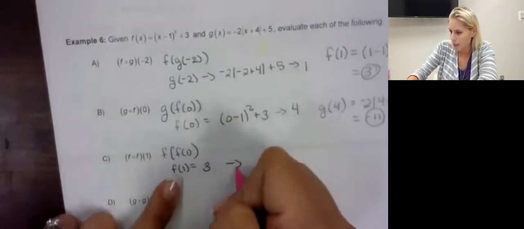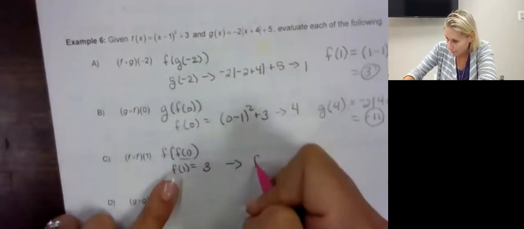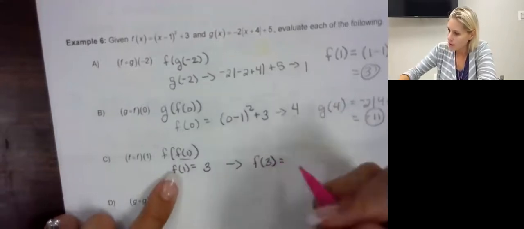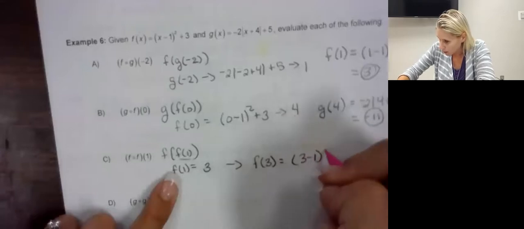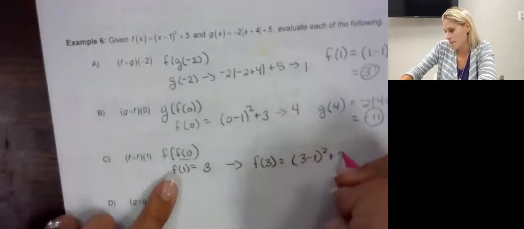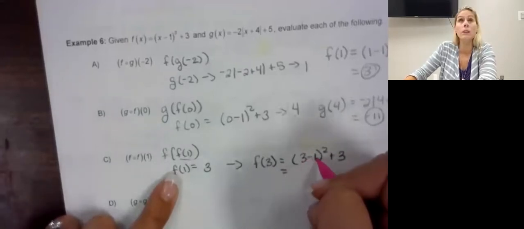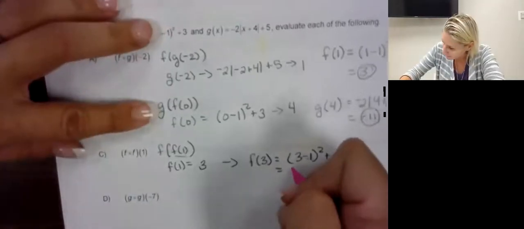Now what we do is we have to replace it in here. So we're looking at f of 3. So f of 3 is 3 minus 1 squared plus 3. That equals, well, 3 minus 1 is 2. 2 squared is 4. 4 plus 3 is 7.